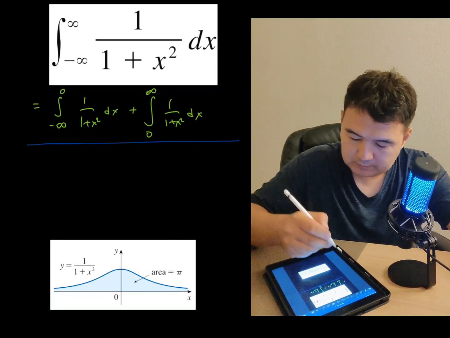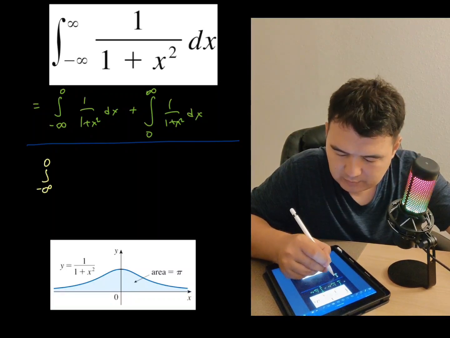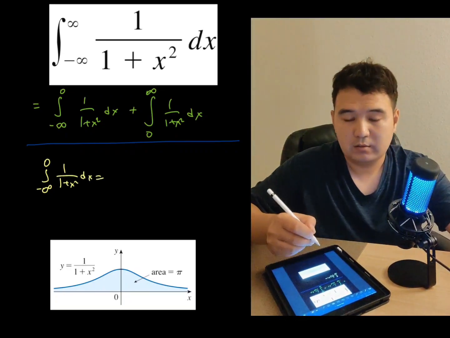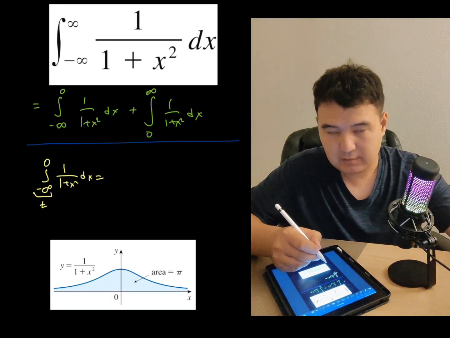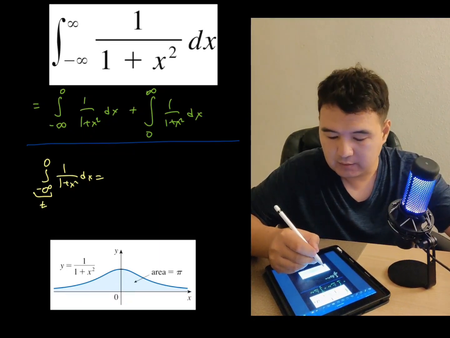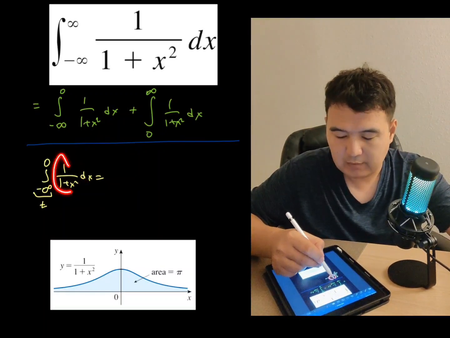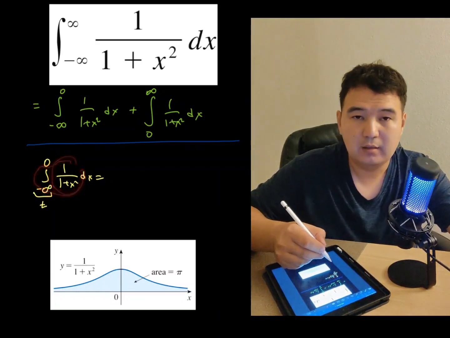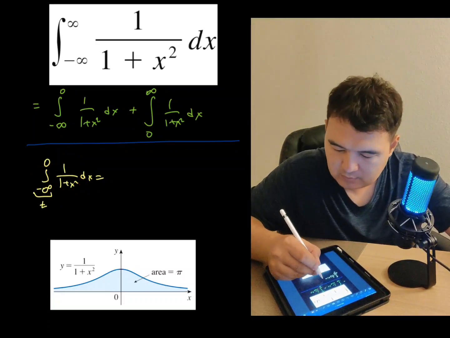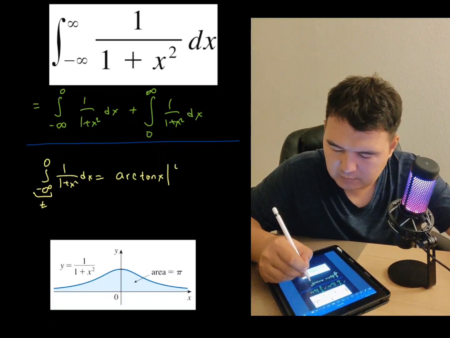So let's do the first one. The integral from negative infinity to 0 of 1 over 1 plus x squared dx. I will have to replace this infinity by t and take t going to negative infinity. We know the integral of 1 over 1 plus x squared is the arctangent function. You can look that up from the table.